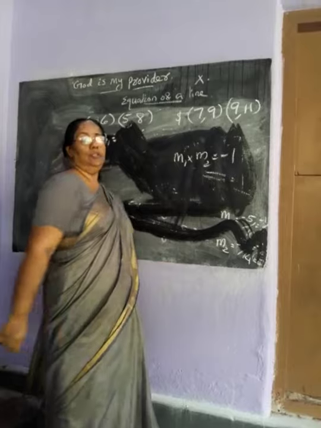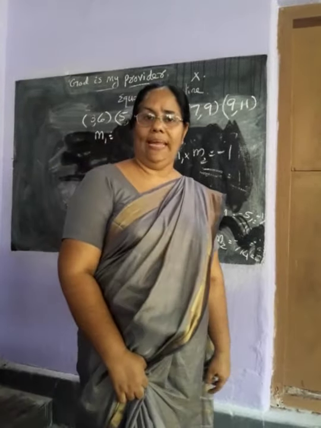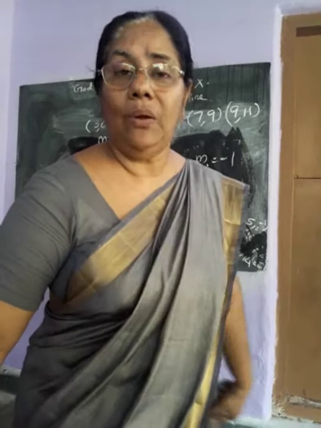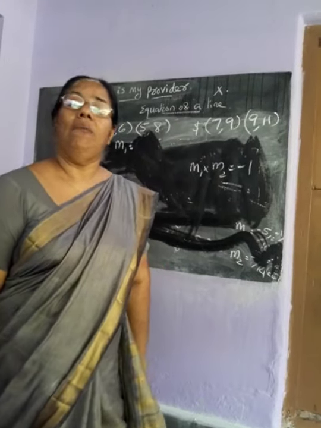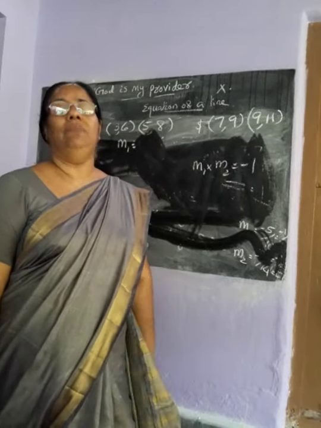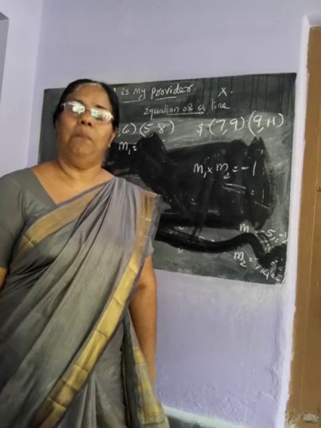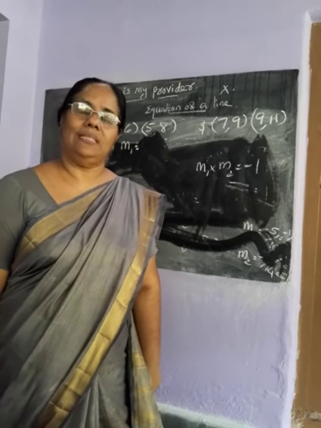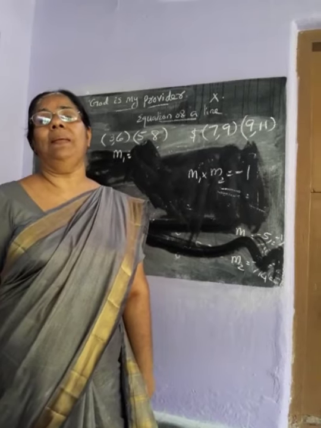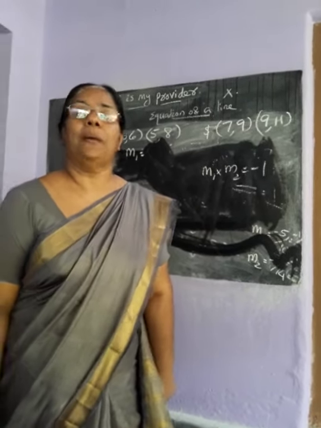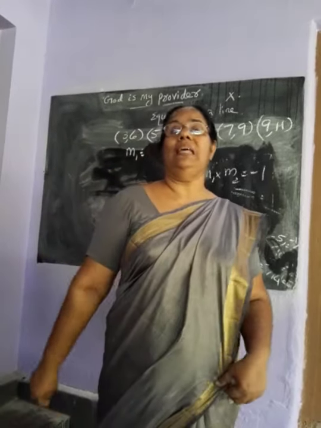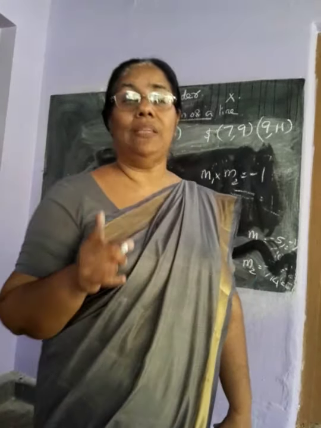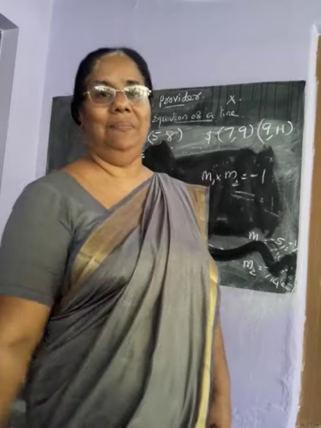To prove two lines to be perpendicular, the method is m1 into m2 equal to minus 1. What's the method? To find m1 into m2. If the answer is minus 1, then we can say that two lines are perpendicular. Or one slope is the negative reciprocal of the other.